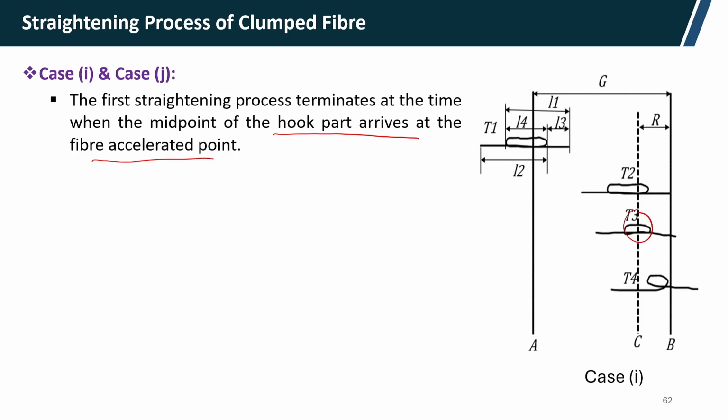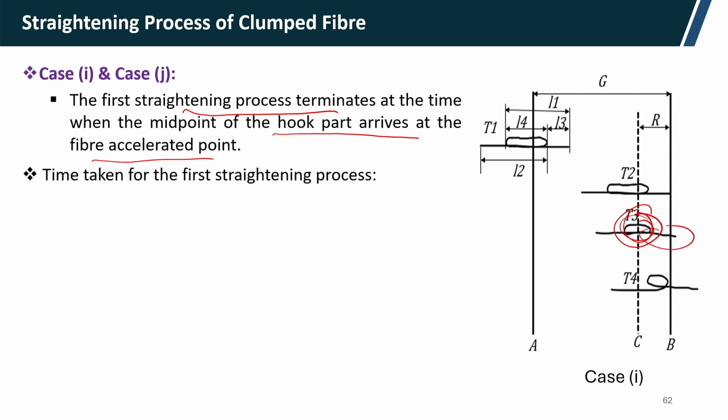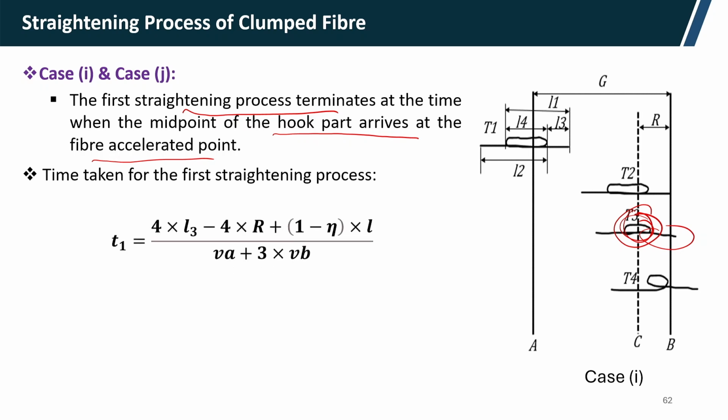That means the first straightening process terminated, because this hook part and the fibre part will move at that speed. Time taken for the first straightening process is given by this relationship, where it is seen that it is the same as condition G.